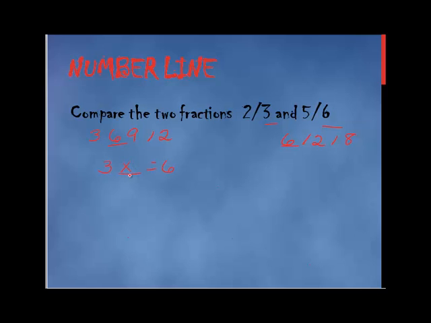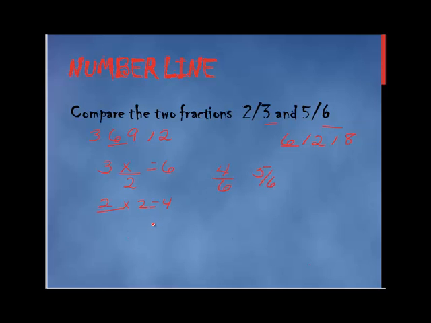Well, 3 times 2 will equal 6. And we know that whatever we multiply with the denominator, we need to multiply with the numerator. So 2 times 2 equals 4. So our new equivalent fraction is 4/6 and 5/6 because that's the two we are comparing.